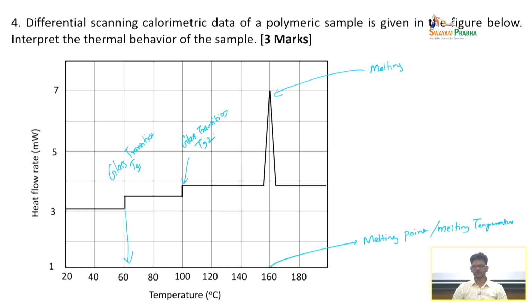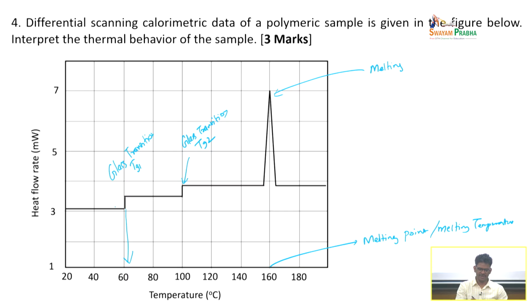When can you have two glass transitions? When you have a mixture of two polymers, each can show its own glass transition behavior. I think in the case of ABS, we noted two glass transition temperatures, but then you can also have a single melting point, or maybe more than one melting point also, depending upon the material.